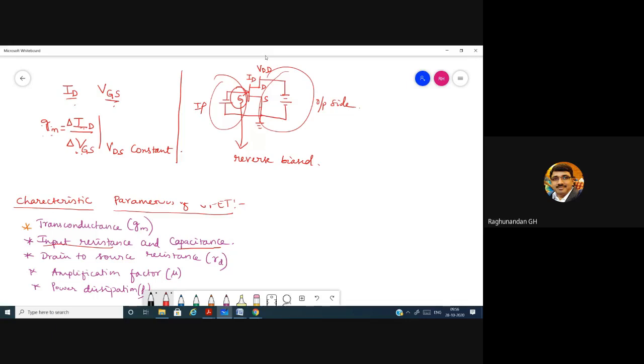Now coming to the input capacitance. Is there any chance of having capacitance here? If yes, where?